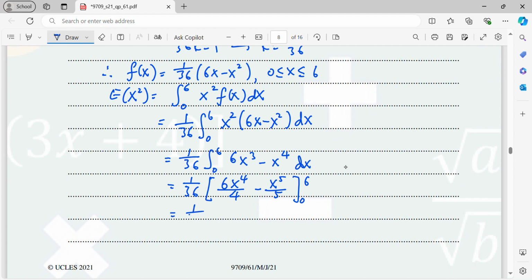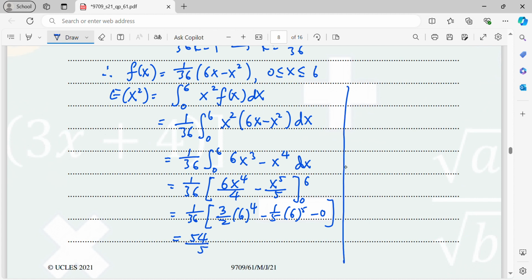So you will get 1 over 36 times, 6 over 4 is basically 3 over 2, so 3 over 2 times 6 to the power 4 minus 1 over 5 times 6 to the power 5, and then minus 0. When x is 0, everything is 0. Then this is going to be 54 over 5. Now, after you have found this, variance X is basically E(X squared) minus the square of the mean.